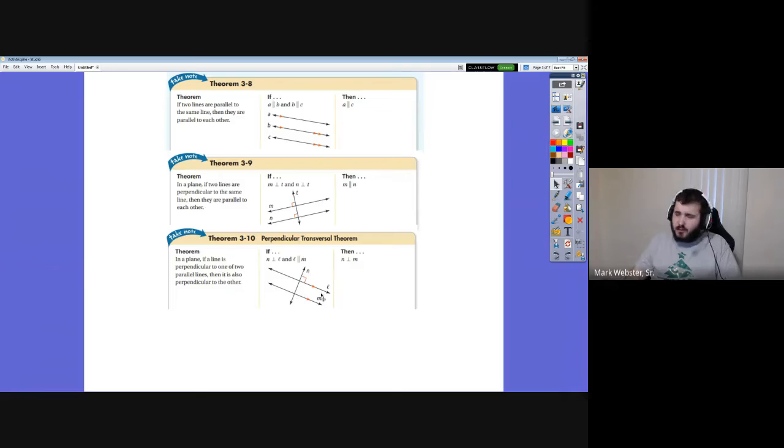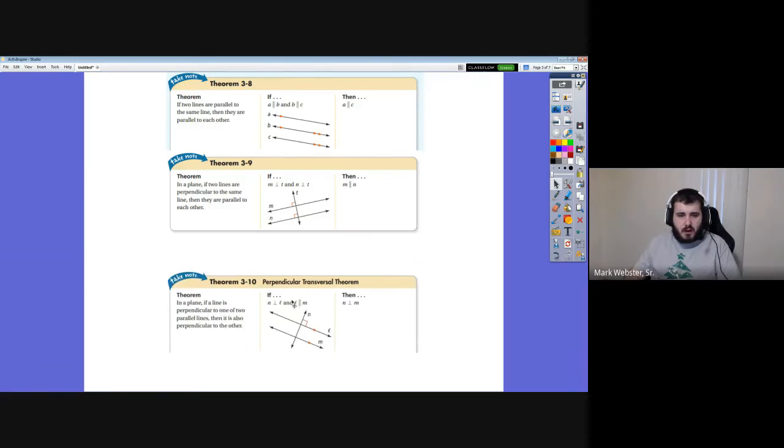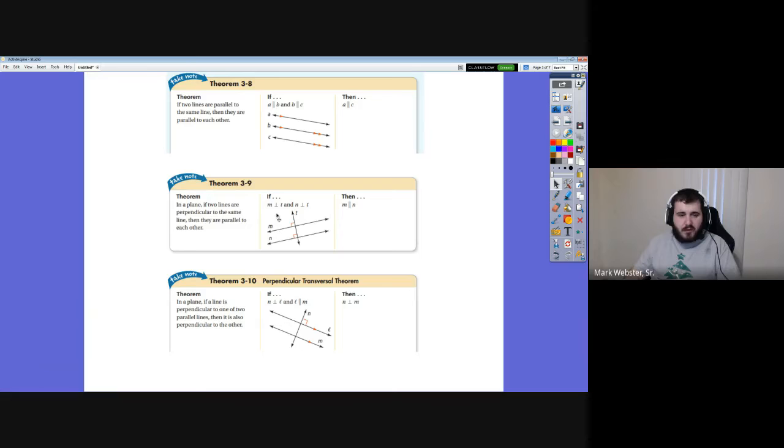Now, with these other two, the transitive property doesn't work so well, right? You have to do a little bit of extra thinking, because here for 3-9, they're telling you if you know that two lines are perpendicular to the same line, what are they to each other?